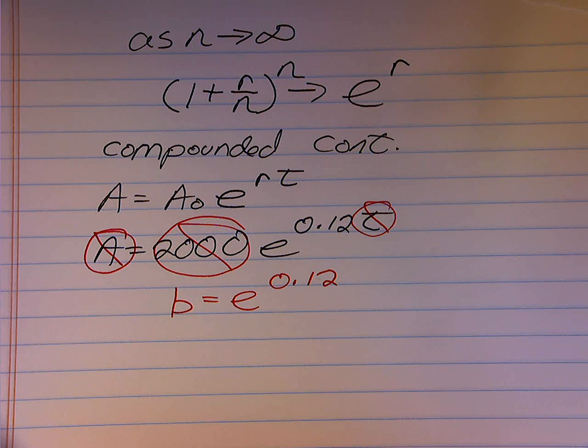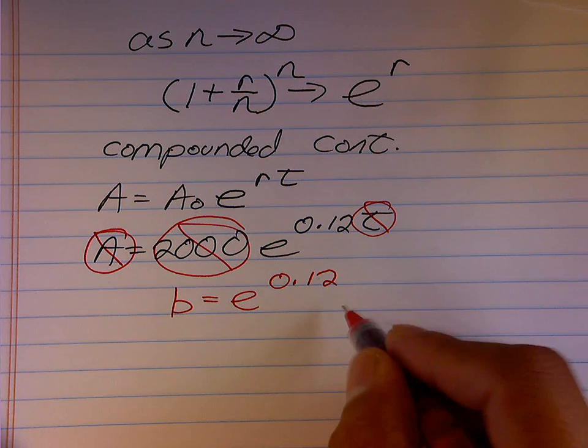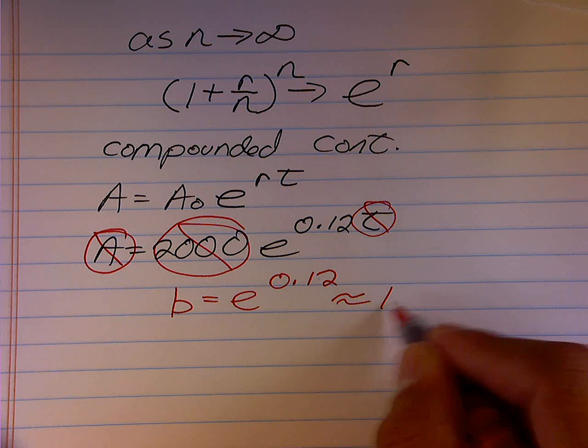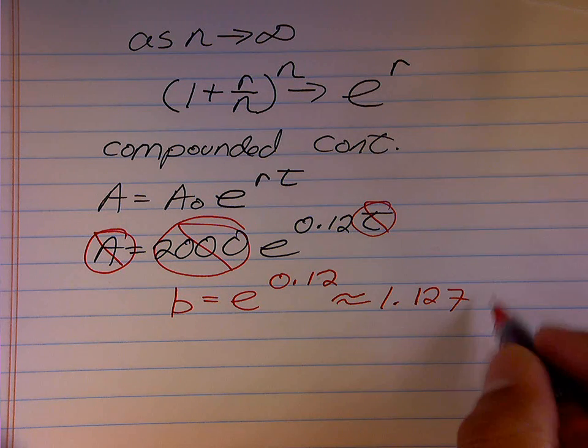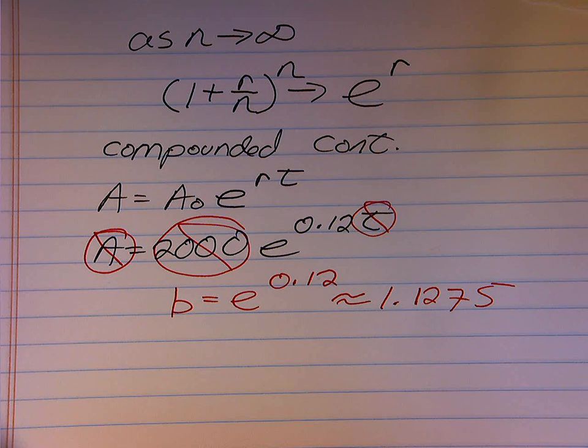If I plug that in my calculator, I get 1.1275. Now, if you look at daily and continuously, you'll realize if you go out a few more decimals, they look different. But once you get to daily, it pretty much looks almost, besides a rounding, very, very close to continuous.